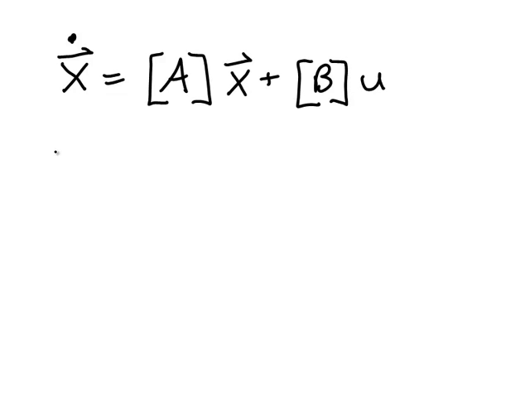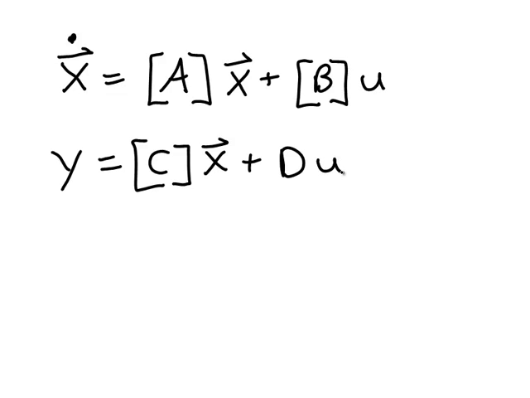Then we have a second equation, which is our output signal y equal to a matrix C times the state vector, plus D times our input signal.